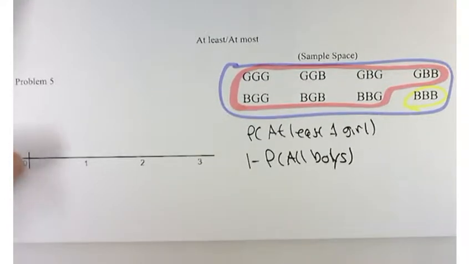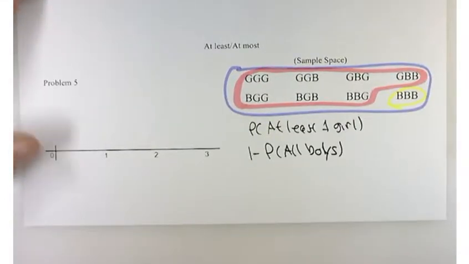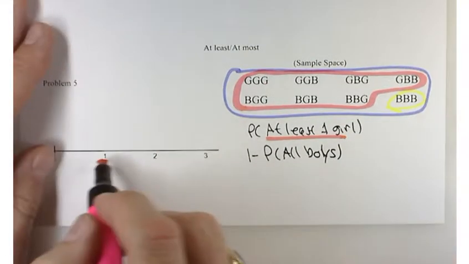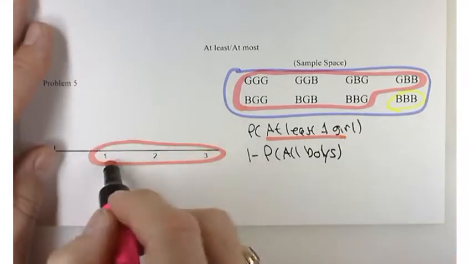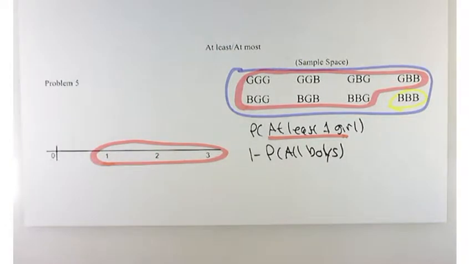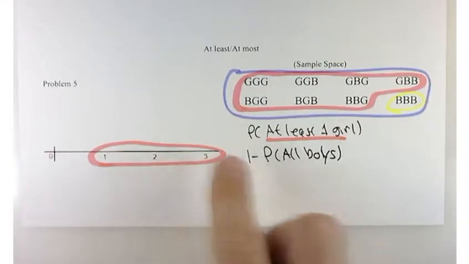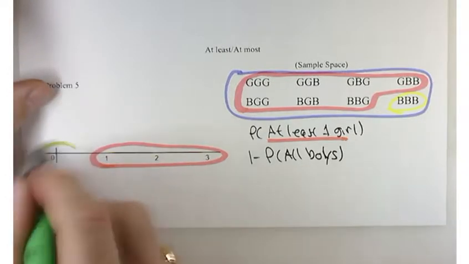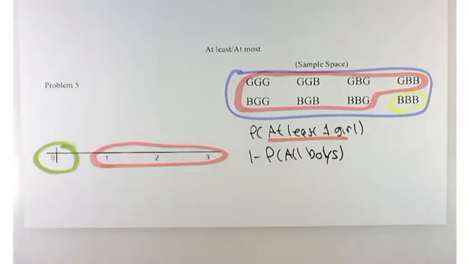So another way to look at this is kind of on this line here, and that is the probability of at least one girl. That's all of these things. You could have 1 girl, 2 girls, or 3 girls. Or the complement to that is right here. No girls, or all boys.